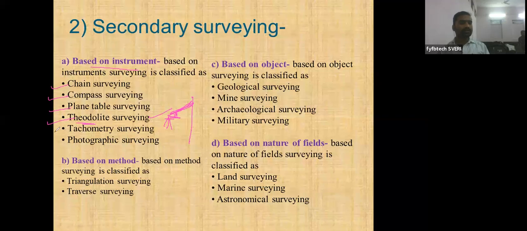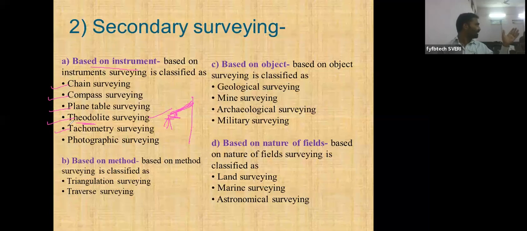Then tachymetric surveying. There is an instrument called a tachymeter. By using this tachymeter, you can measure linear and angular measurements. From chain surveying, you can measure linear measurements only. Linear measurements mean distances or lengths. Compass surveying: what do you get from a compass?